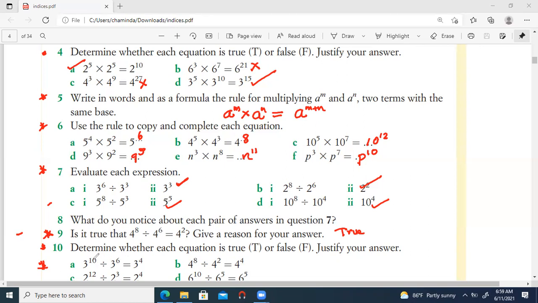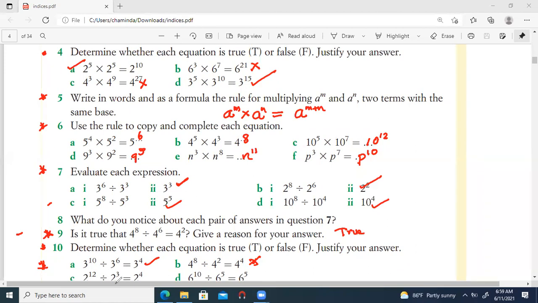In the division of powers, we have to subtract. The answer is 3 to the power 4. The statement is true. B, 4 to the power 8 divided by 4 to the power 2. The answer is false, that's subtract, that's false. Statement false.